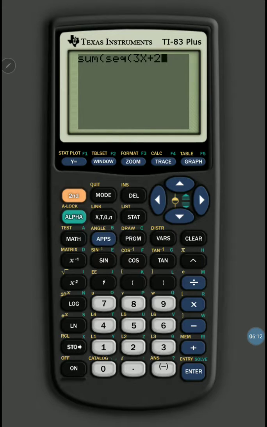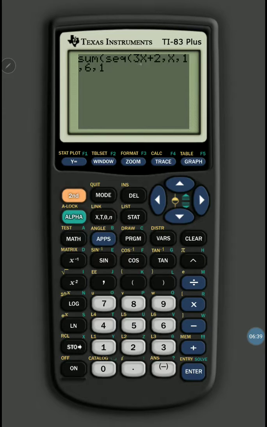Now you have to tell the calculator what variable you're using. So we're going to do comma. Our variable is x. And then we need to tell it the starting point. So we're starting at 1. We're adding up to 6. And then we are going up by 1s. So we're doing the sum of the sequence.